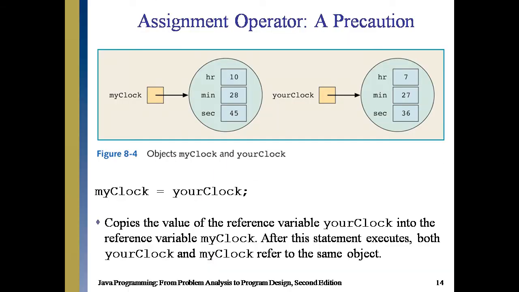Built-in operations on classes. Most of Java's built-in operations do not apply to classes. You cannot perform arithmetic operations on class objects. For example, you cannot use the operator plus to add the values of two clock objects.